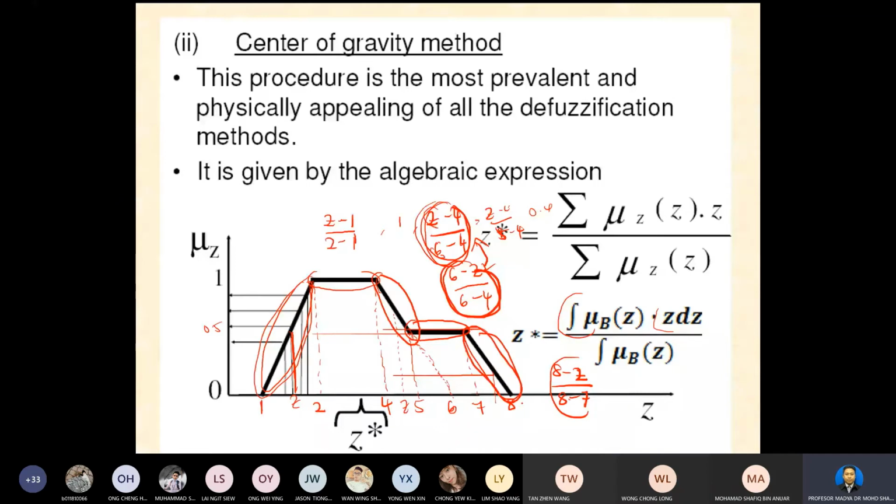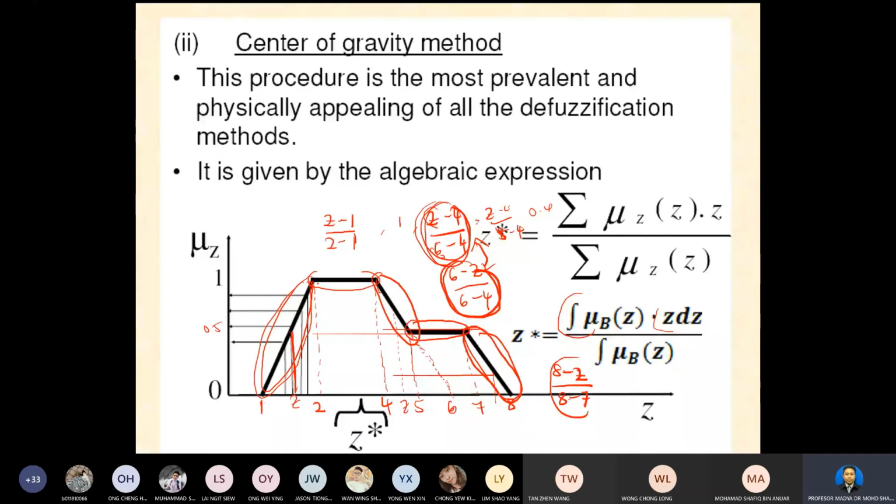Next we will try how to solve this one, but I will go to the next method first, because this involves integration. We have to integrate, for example, from 1 to 2, then plus 2 to 4 and so on. We will try this next.